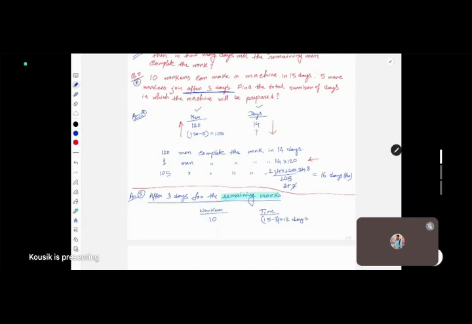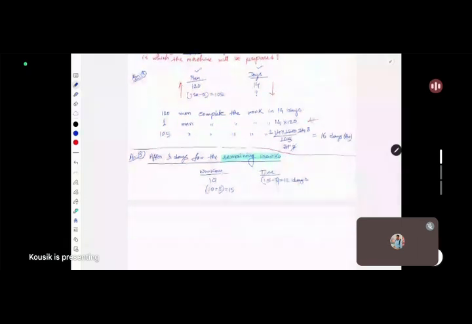Okay, and the workers will be changed, that is, 5 more workers now join there. So these 15 workers should complete the work more quickly, so it is not completed in 12 days, now it is completed quickly, in less than 12 days. So find the number of days in which the remaining work is completed, and then the total number of days in which the machine will be prepared. So আমরা total number of days পরে দেখছি, আগে দেখবো যে this remaining work completed in how many days. So at first find in how many days this remaining work is completed.